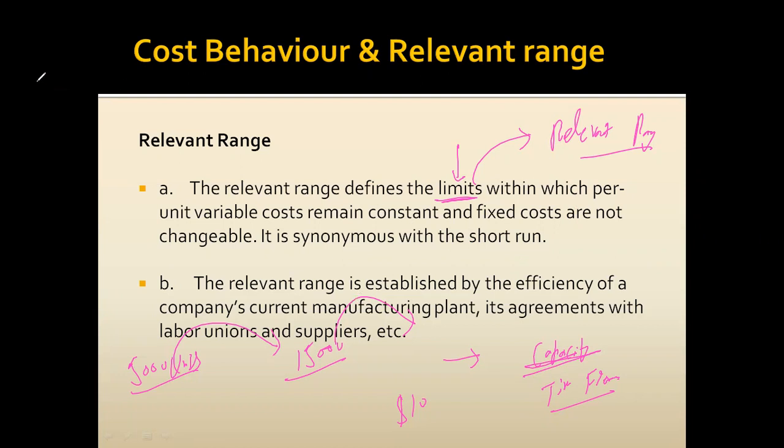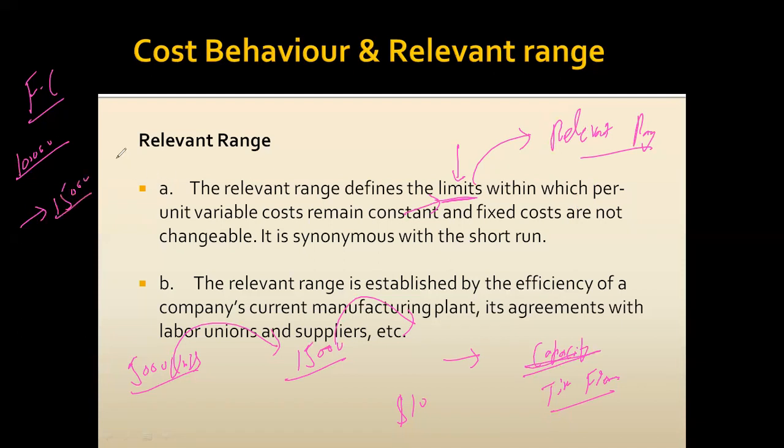In the same way, for fixed costs, I told you fixed costs will remain same in total, but it doesn't mean that it will remain same in total forever. It will remain same in total only till this specific limit we call relevant range. Say currently your organization is producing 10,000 units. In future you want to produce 15,000 units.